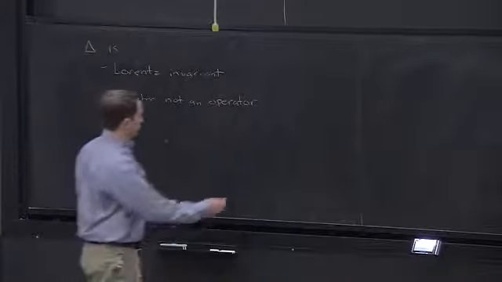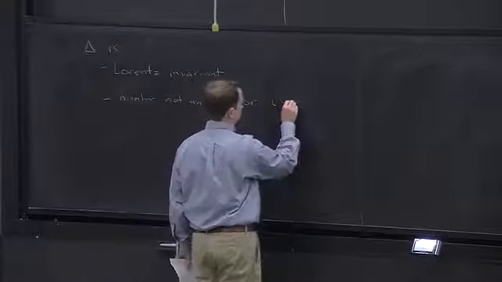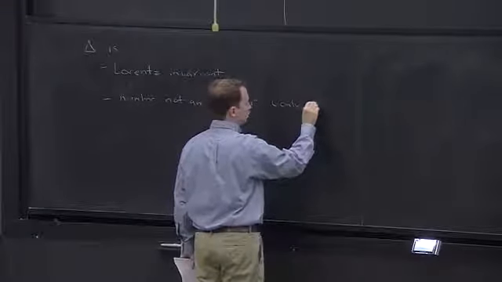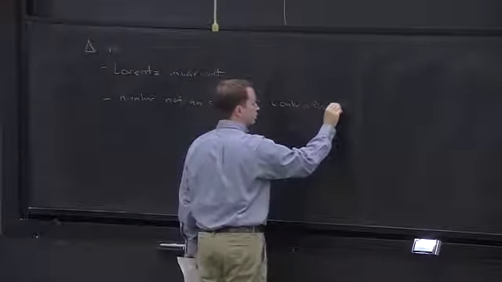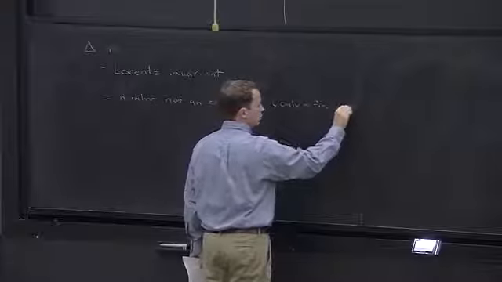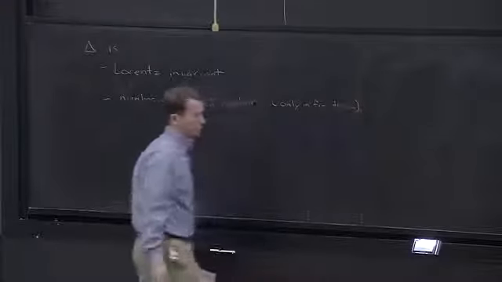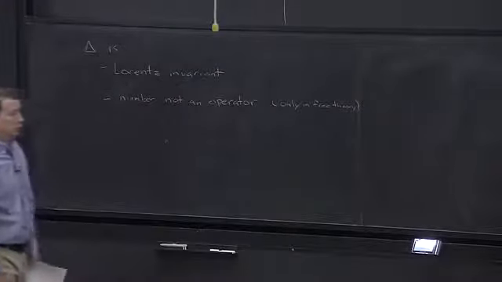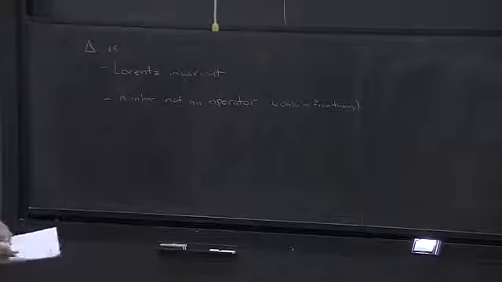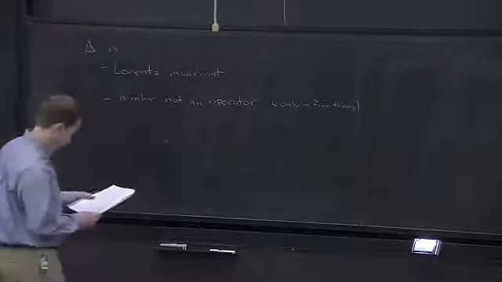This is only true in the free theory. If we tried to compute the same commutator in an interacting theory, in general, we'd get an operator on the right-hand side as well.